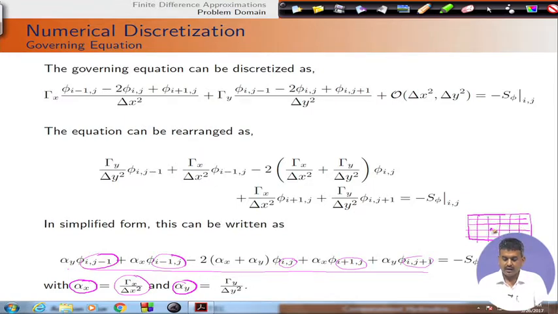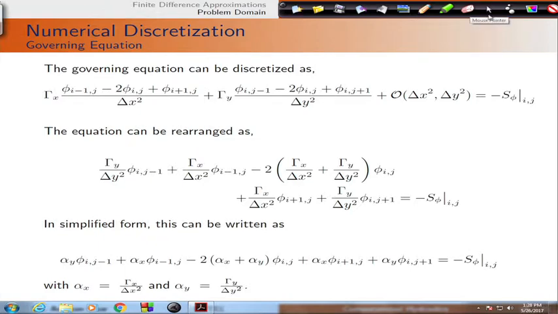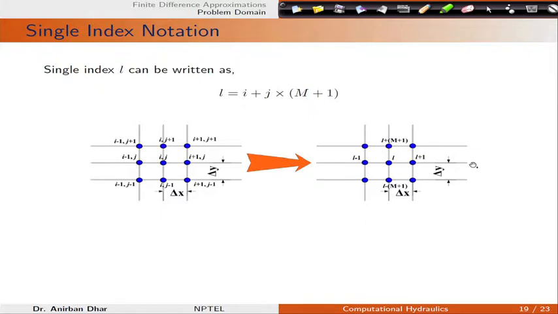These points are themselves in ij format, so we cannot construct the matrix directly. So, what we can do is introduce single index notation.